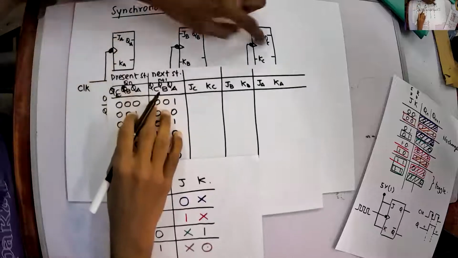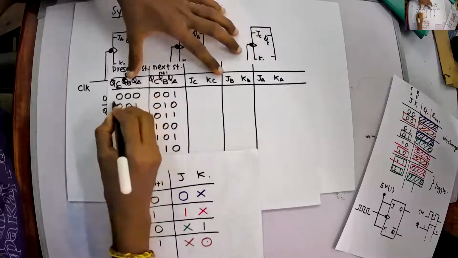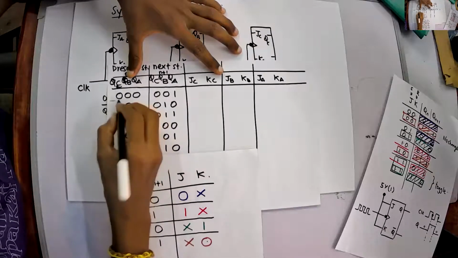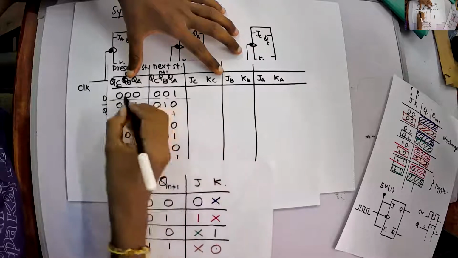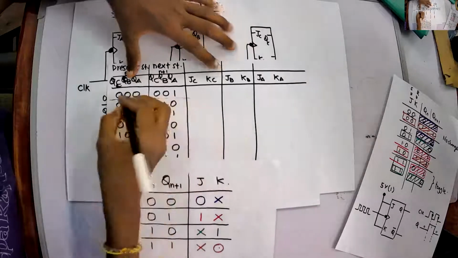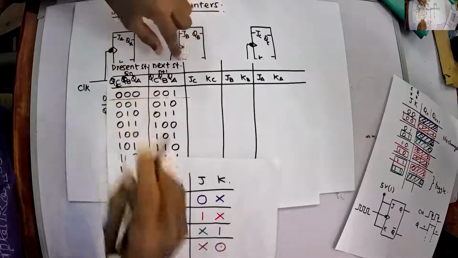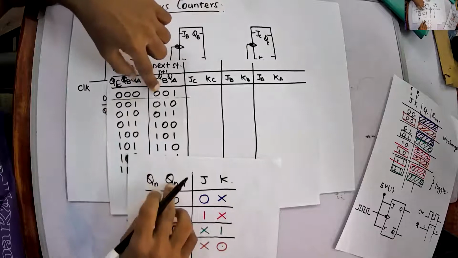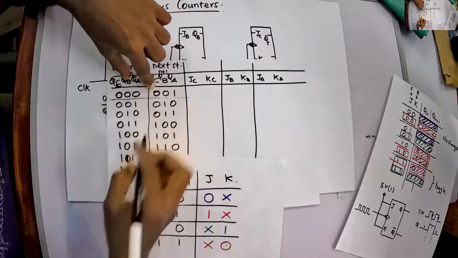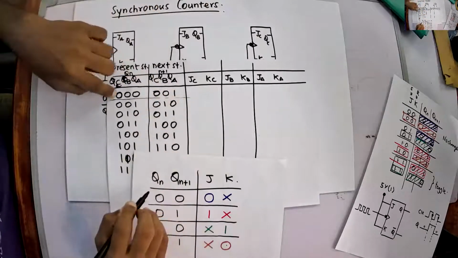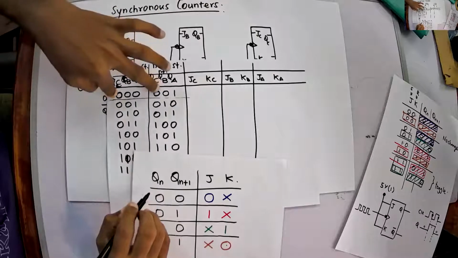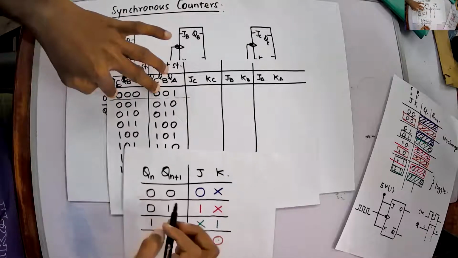For the flip-flop C, for the first state, which means for 0, 0, 0 to 0, 0, 1, I have 0 as my Qn and 0 as my Qn plus 1. Am I right? For this state, I have 0 as my Qn and 0 as my Qn plus 1.